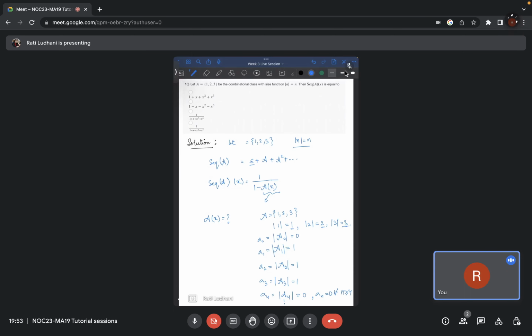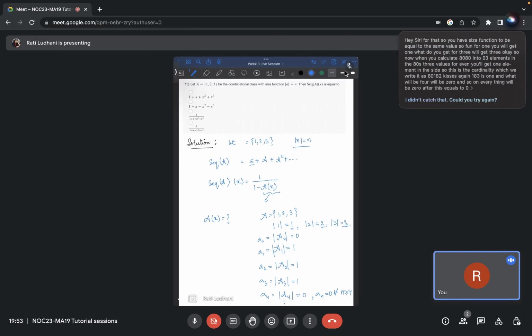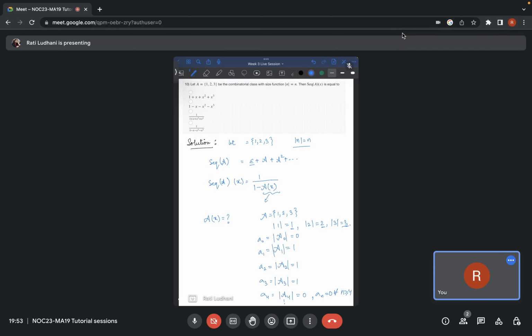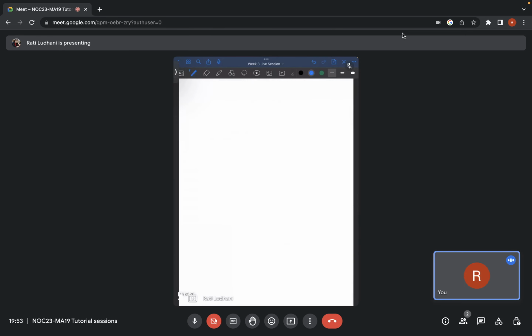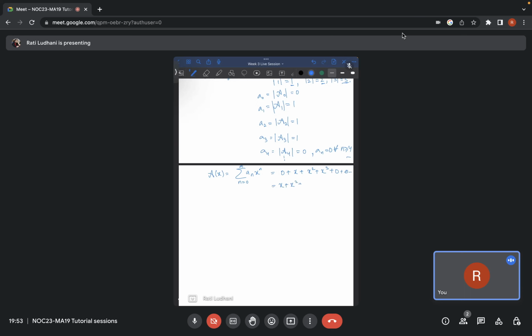Okay, so you have this. Now, A(x), the generating function of A, will be the summation of a_n x raised to power n, n equal to 0 to infinity. We'll get 0 plus x plus x square plus x cube plus 0 and 0 and 0. So this is just x plus x square plus x cube.